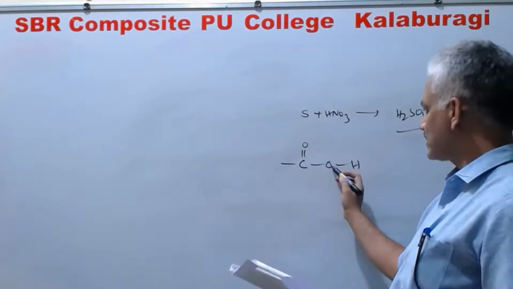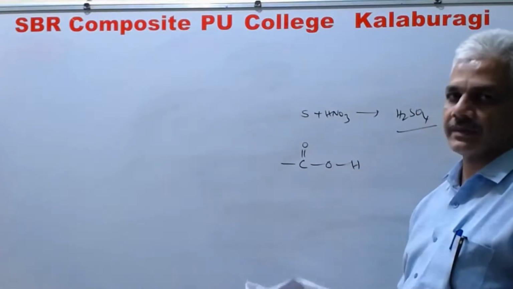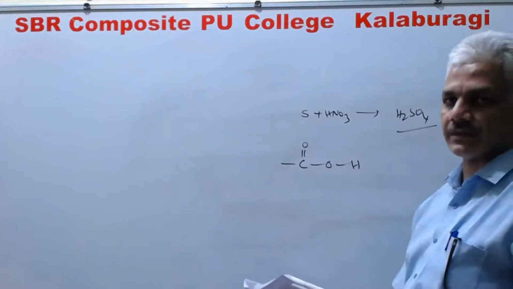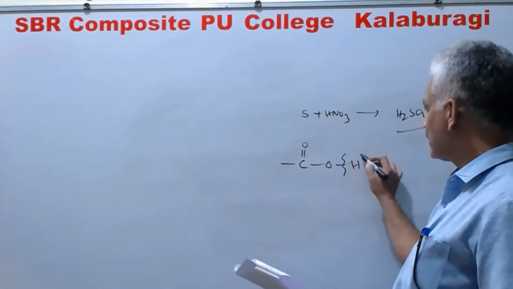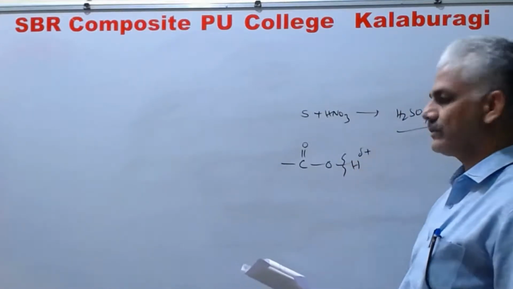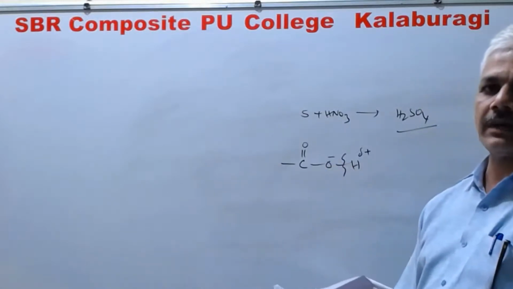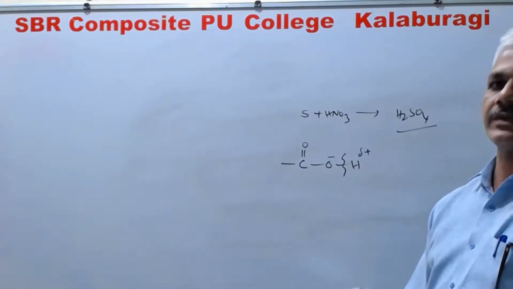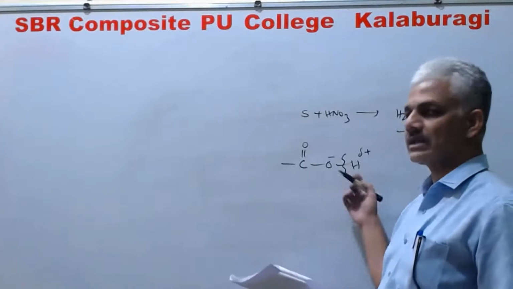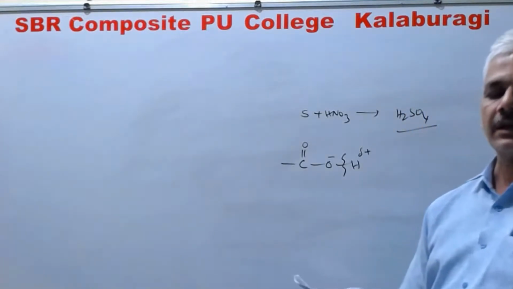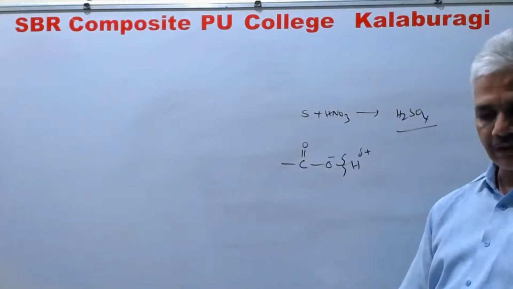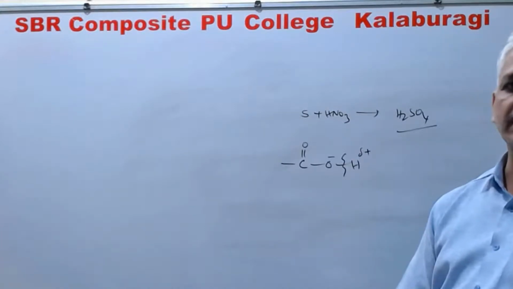In turn, oxygen will attract the electron pair of the OH bond towards itself. And with the liberation of hydrogen in the form of H+ ion, the carboxylate ion formed will be further stabilized by resonance. That's why the carboxylic group readily undergoes ionization. So among the given options, you can go with the second option.